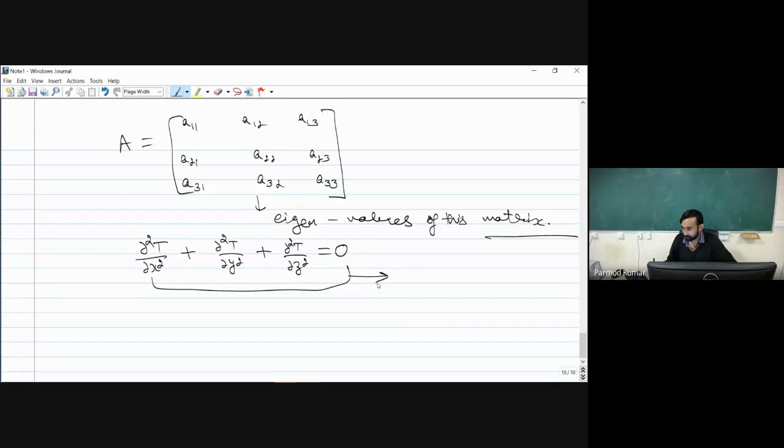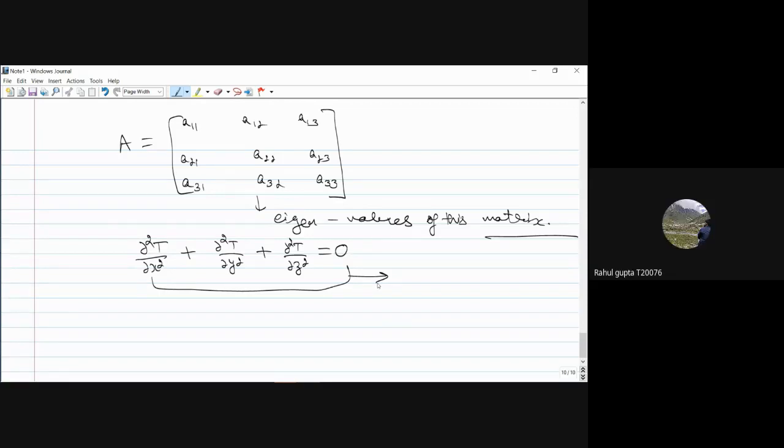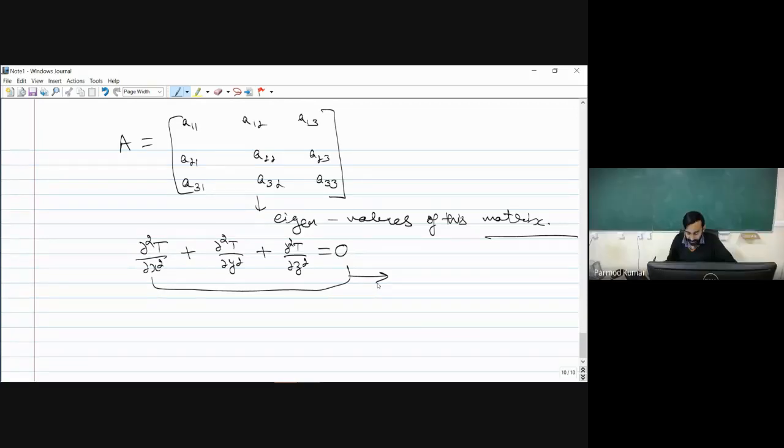Laplacian, that's okay, but if you have to say whether it is elliptic, parabolic, or hyperbolic, can you find out? Please answer. Say yes or no. Yes, sir. Parabolic.